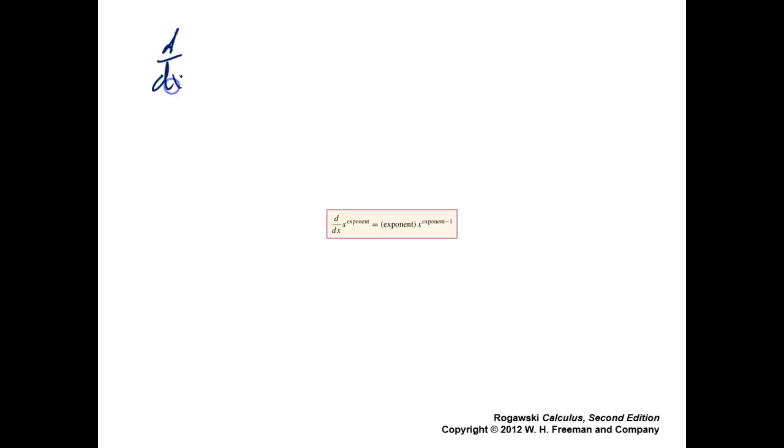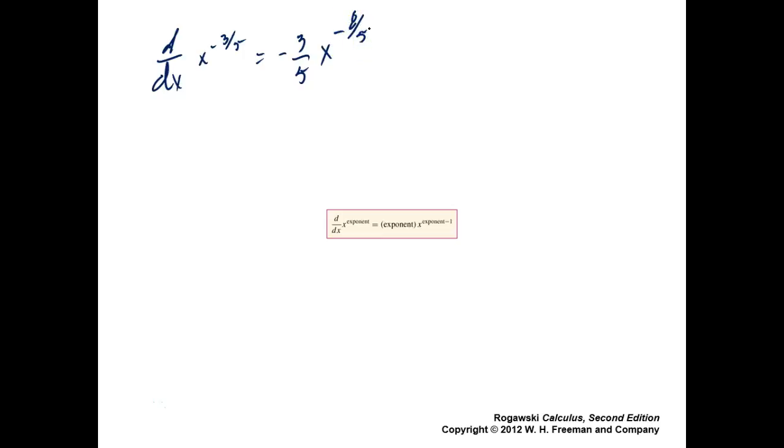d by dx of x to the minus 3/5. What would that be? Negative 3/5 x to the negative 8/5.